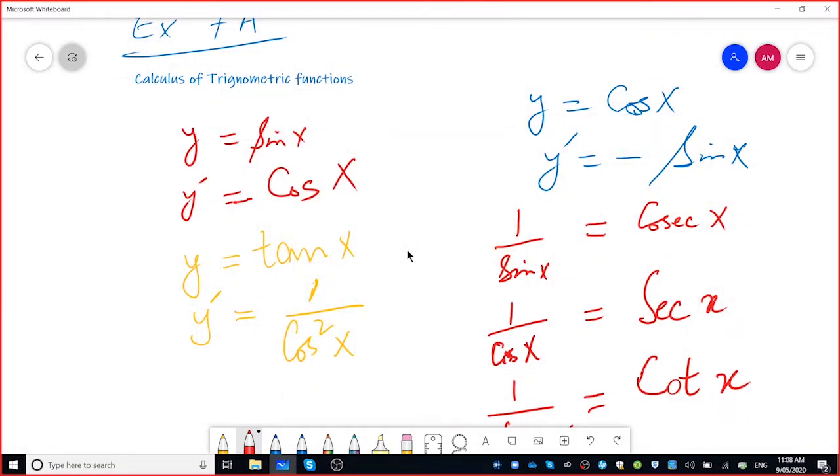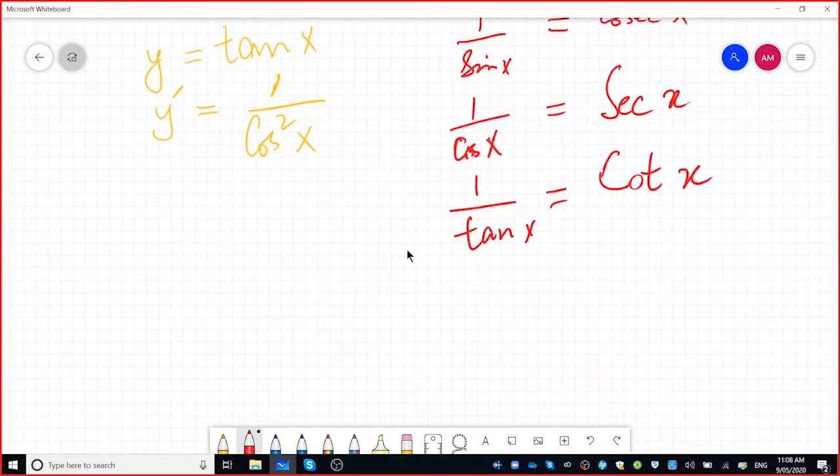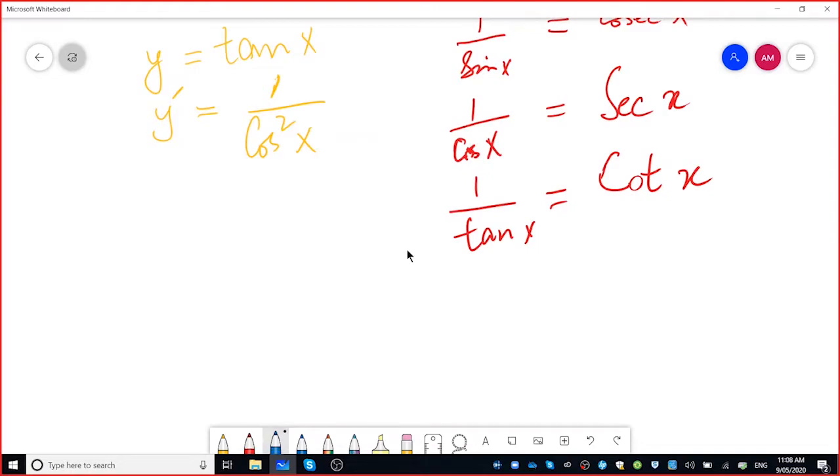Okay. We would do a few questions first, and then I would move to the exam question. That's the same thing as the product rule. So let's do, for example, one question.